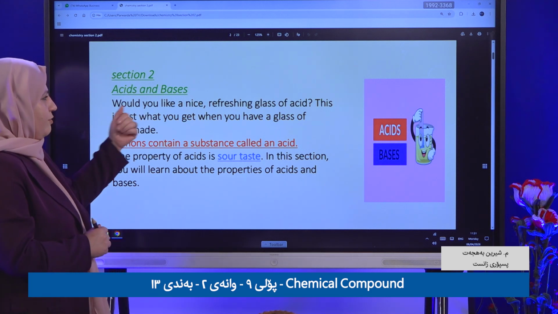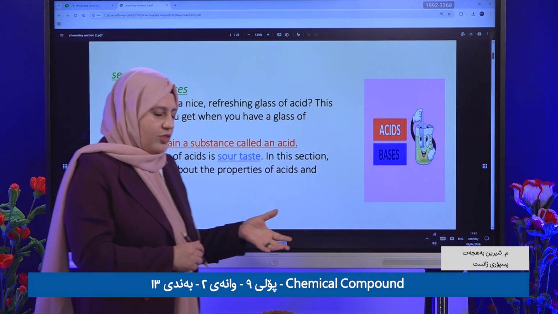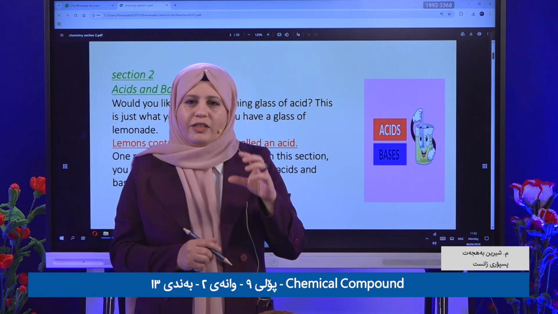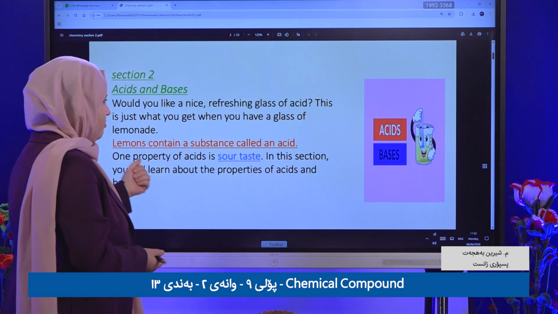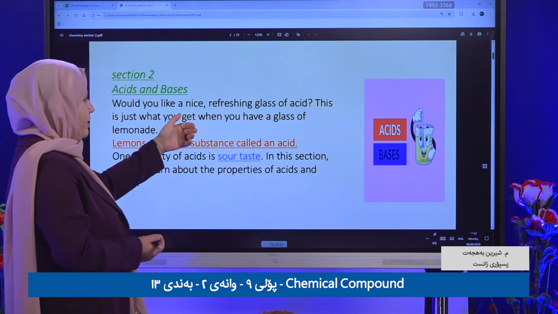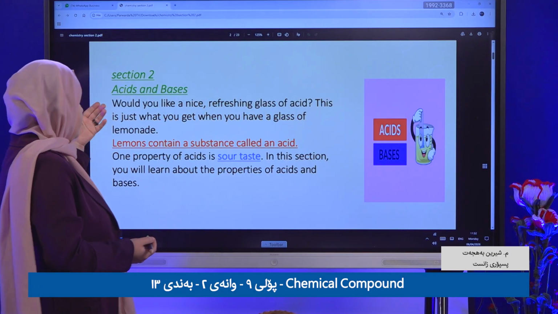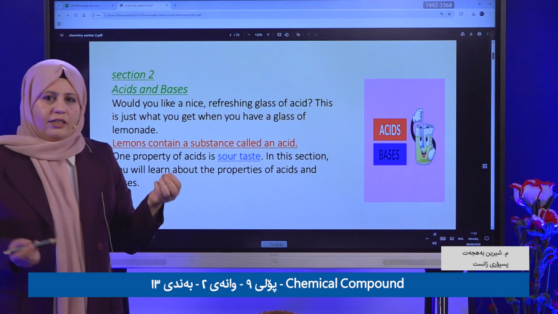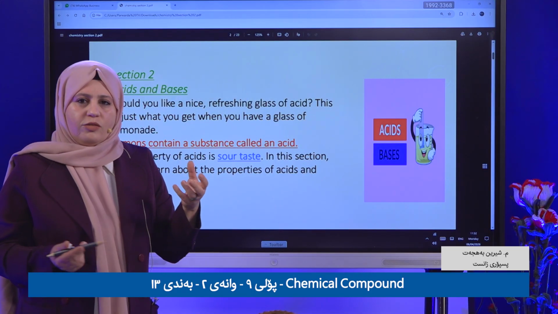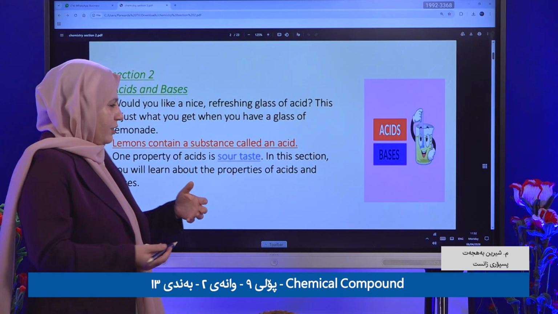For example, especially in summer, we are drinking fresh drinks, when you add what? Lemon. A refreshing glass of acid. This is what you get when you have a glass of lemonade. As you know, the most popular refreshing glass is lemonade.